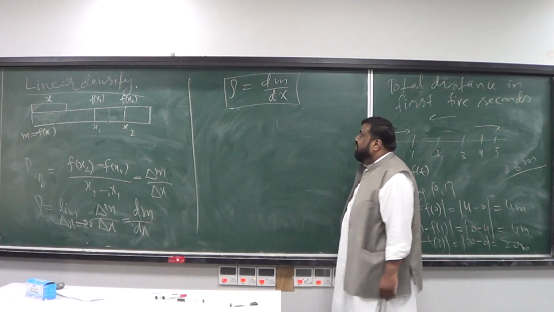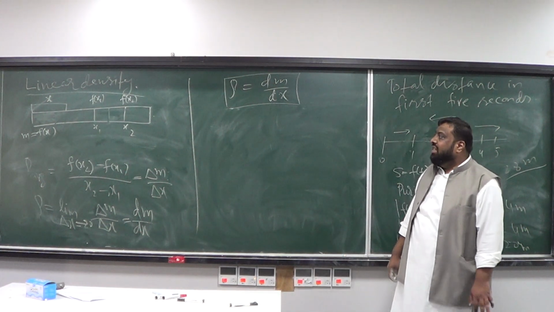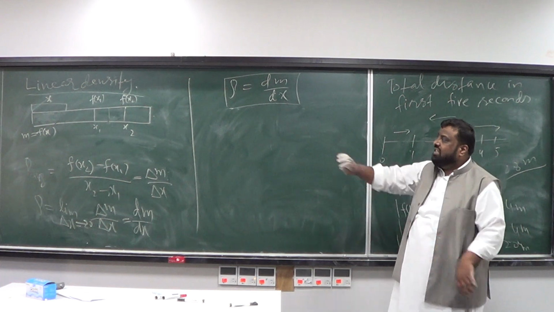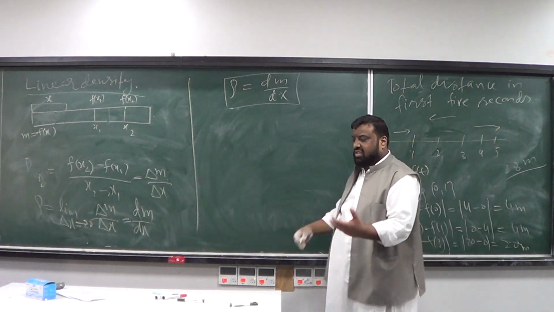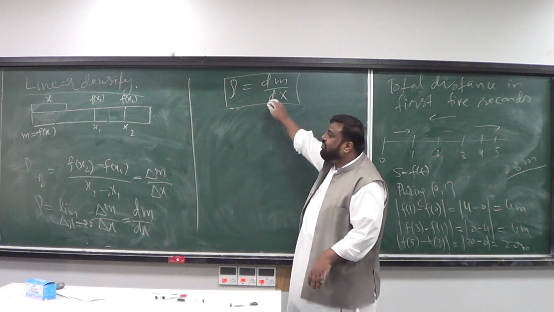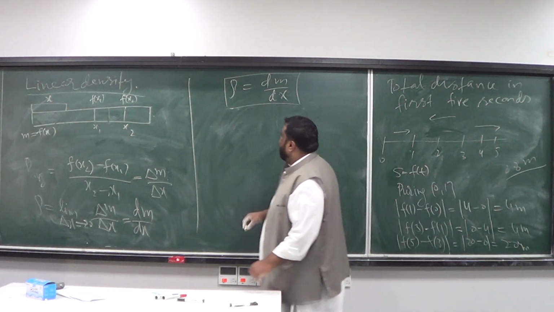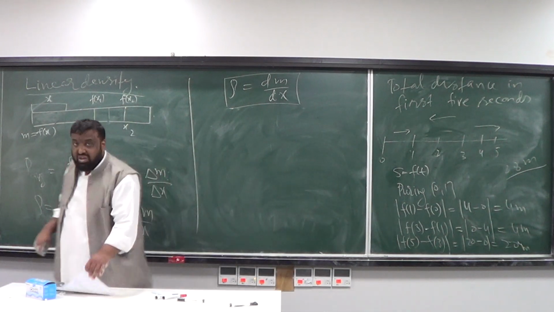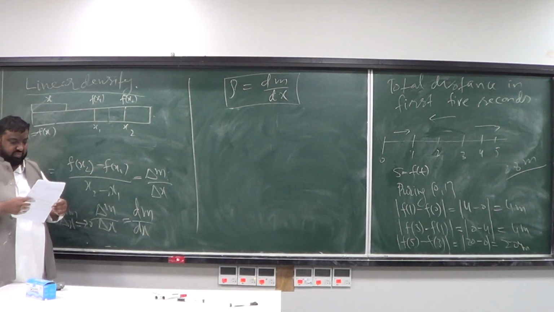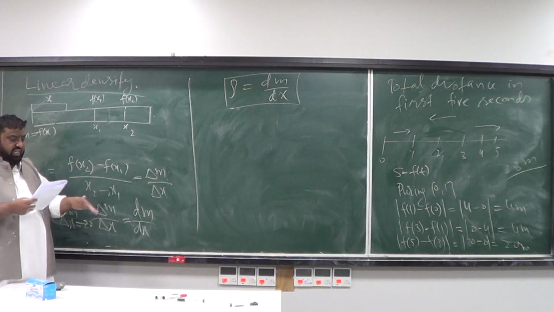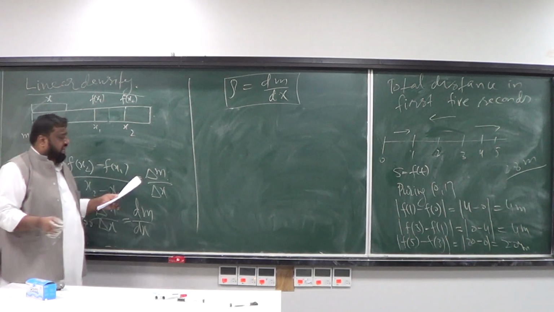So what does this show? This shows another interesting thing: something that is of material science, of physics, you can model it through derivatives, and the derivative can give you a good model or approximation for, for example, density. So let's take one example.